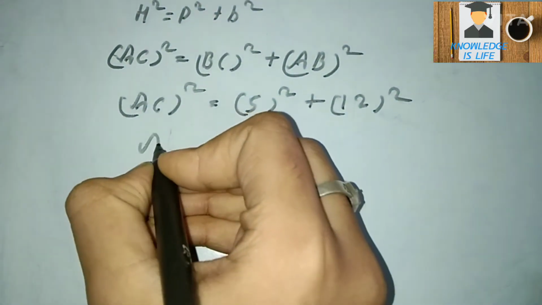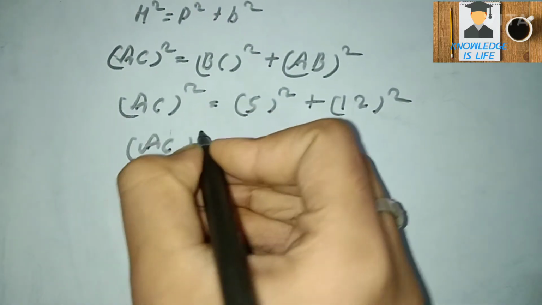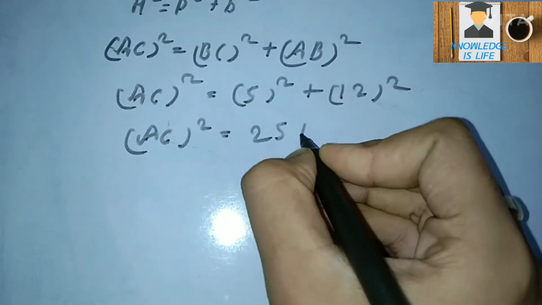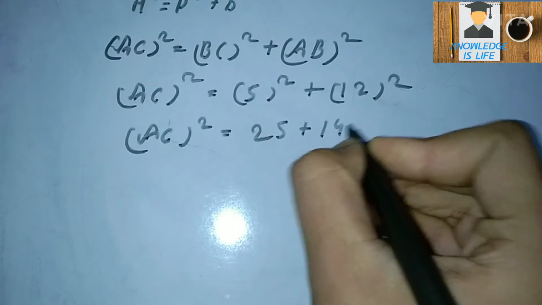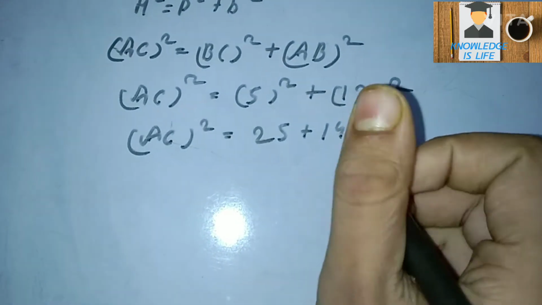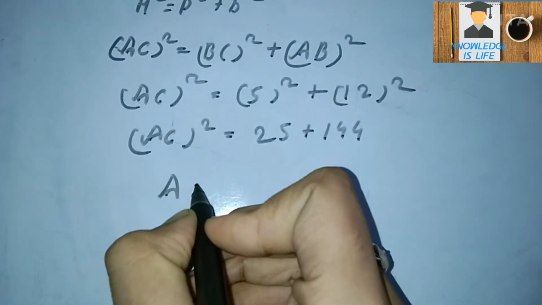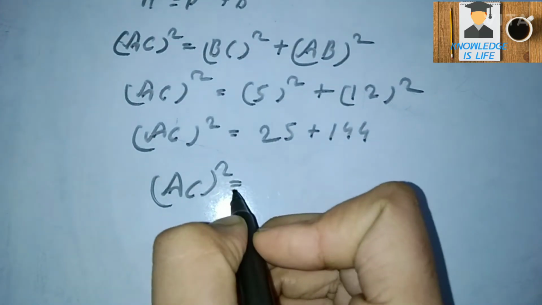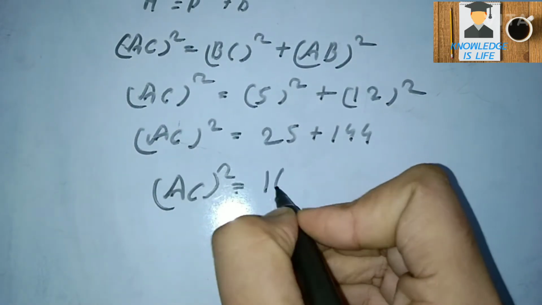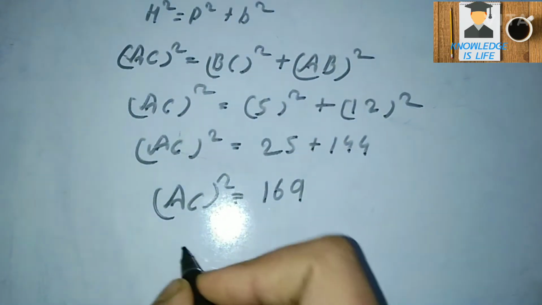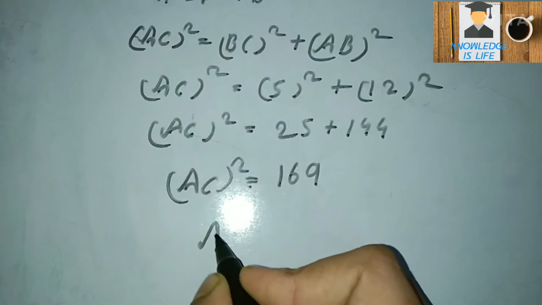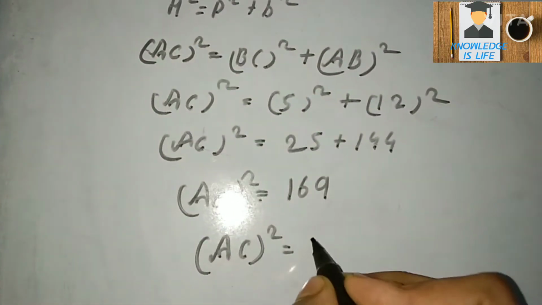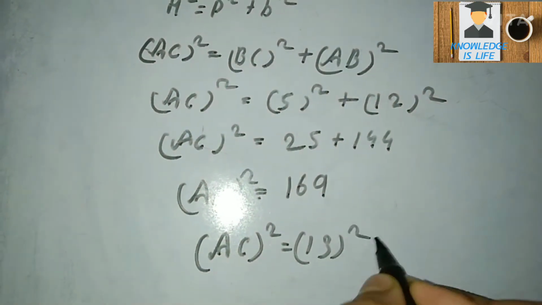So AC square equals 25 plus 144. So AC square equals 169. So AC square equals 13 square.